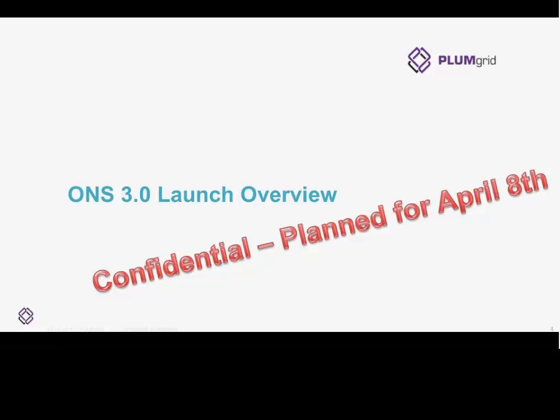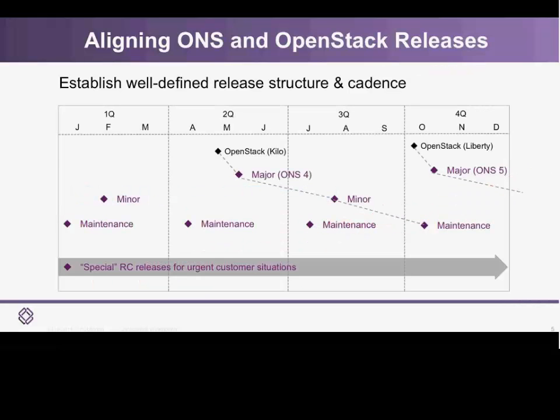So before we talk about the specifics of ONS 3.0, I'm going to hand it over to Asmir, who runs our product management. And Asmir is going to walk us through the methodology and structure of PLUMgrid releases and how we're changing the deliveries moving forward.